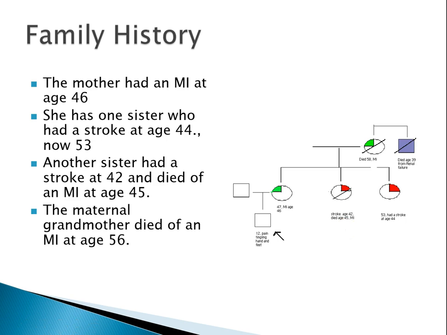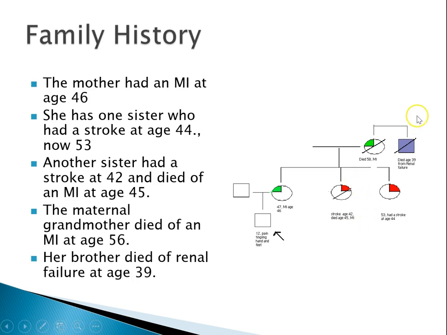The mother died of an MI at 56, and her brother, the maternal great uncle of this patient, died of renal failure at age 39. So either this is the worst luck family in the world, or there's something going on. And in this case, it's Fabry's disease.